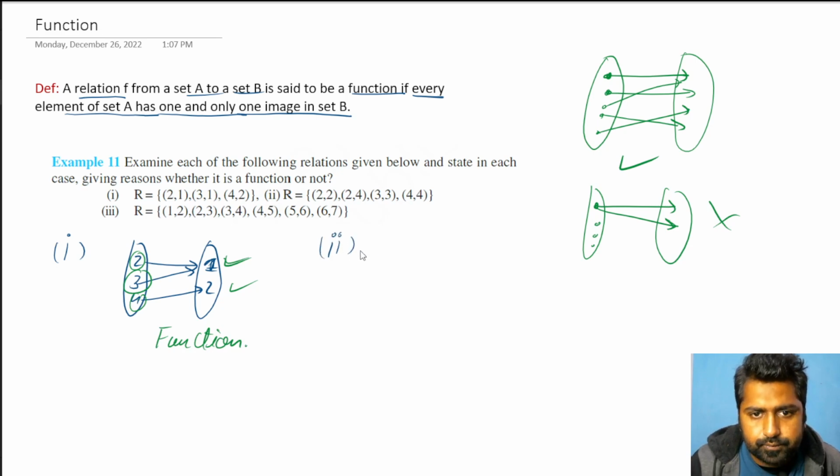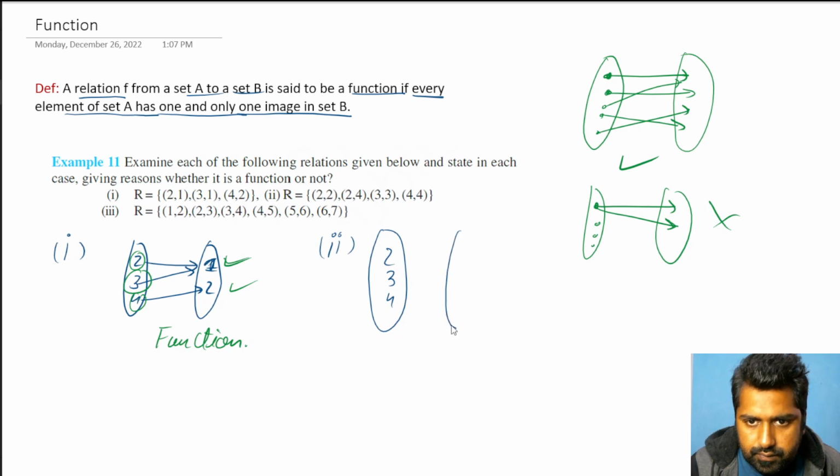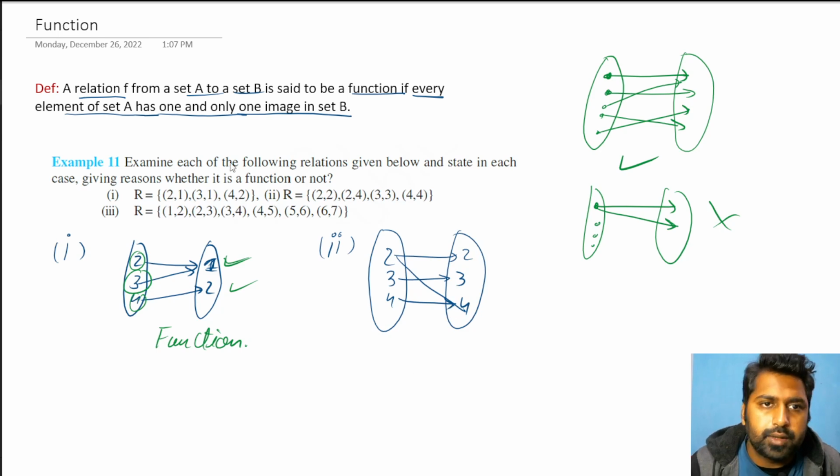Second one, 2, 3 and 4 is there. (2, 2), (2, 4), (3, 3), (4, 4). Okay, look at the first element itself.